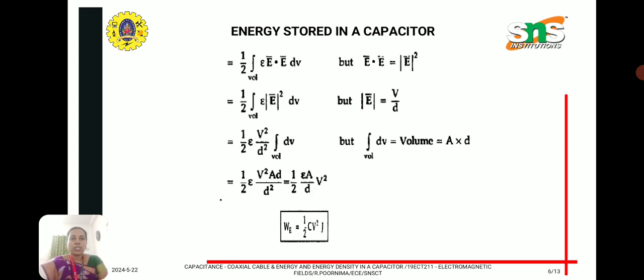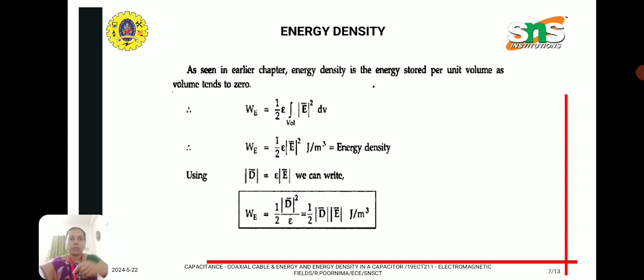Taking this equation, we write 1 by 2 integral epsilon E dot E as E squared. Next, substitute E equal to V by d. So we get the volume integral value A into d. The energy stored is derived as half C V squared joules. This is the energy stored in a capacitor.